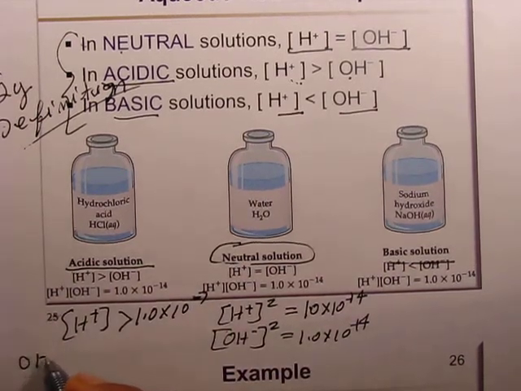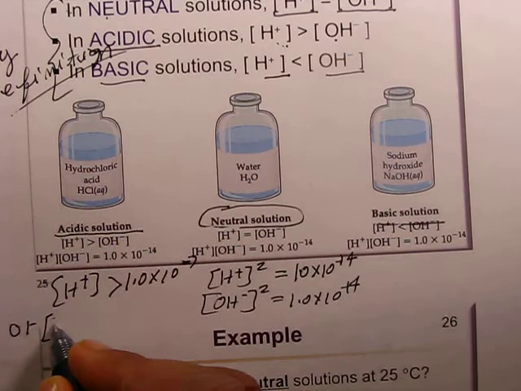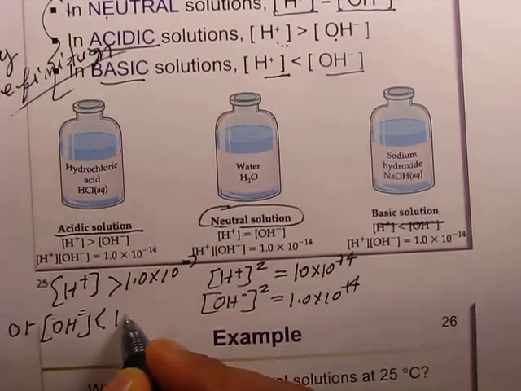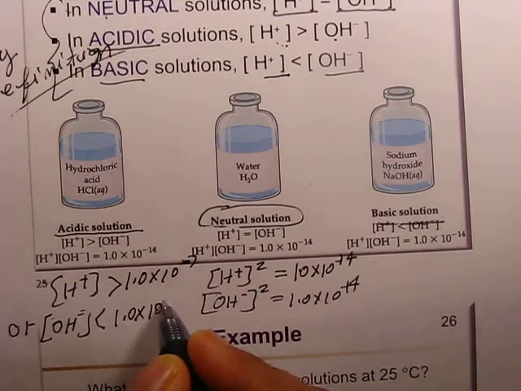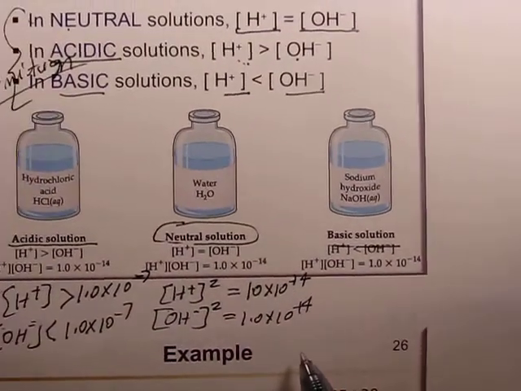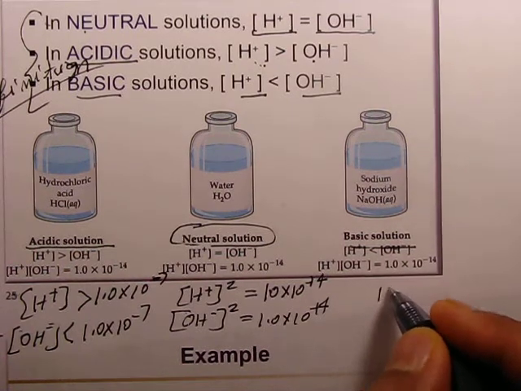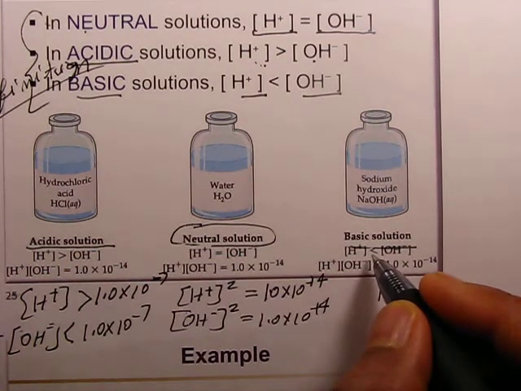Or we can write hydroxyl ion concentration will be less than 1.0 times 10 to the power minus 7.